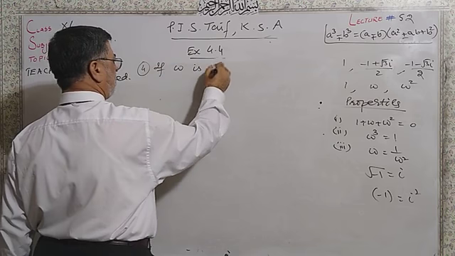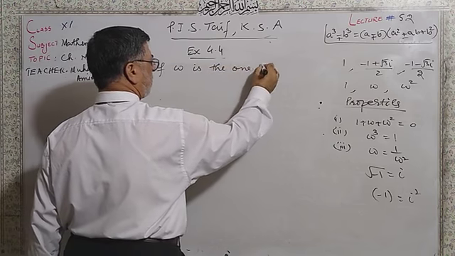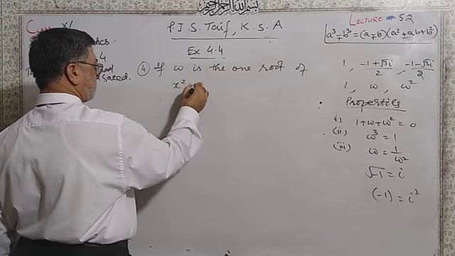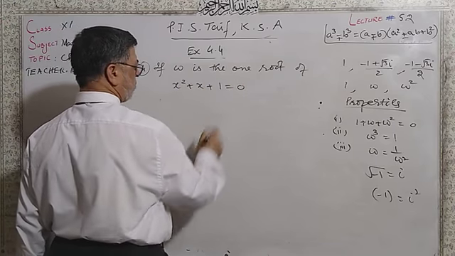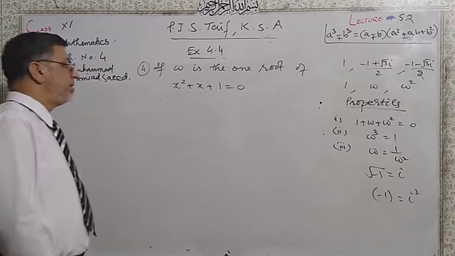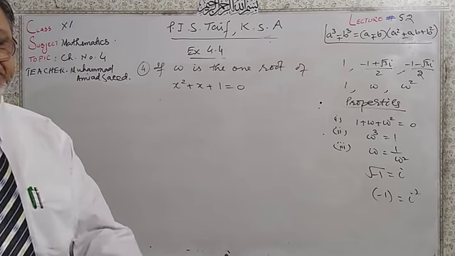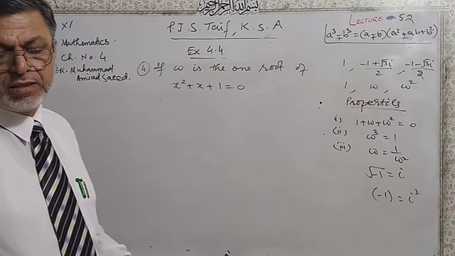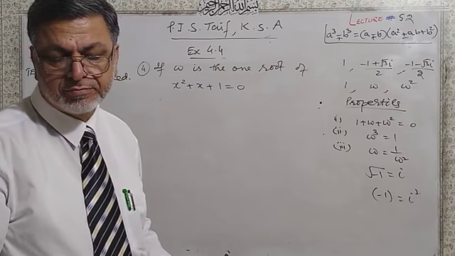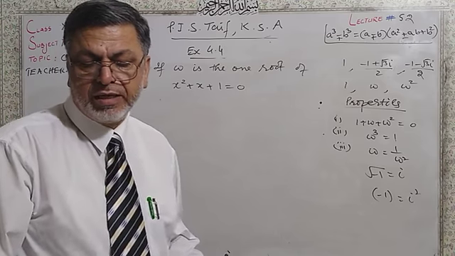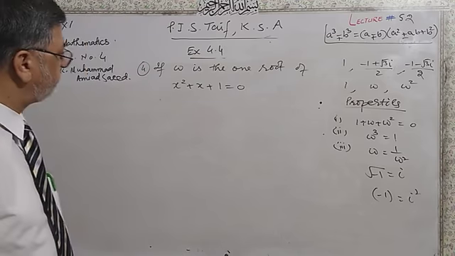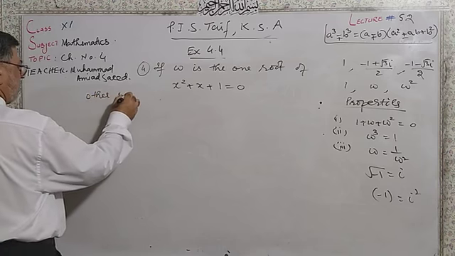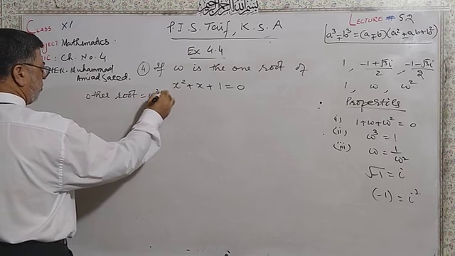If omega is one root of x square plus x plus 1 is equal to 0, then show that its other root will be omega square.